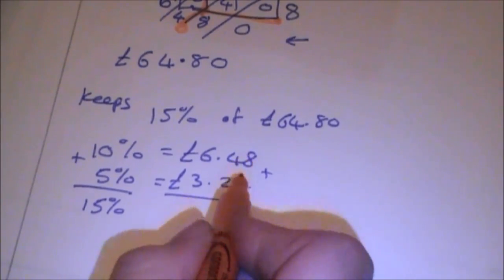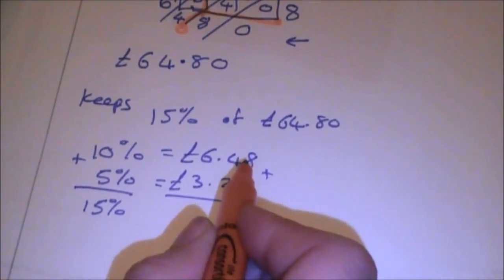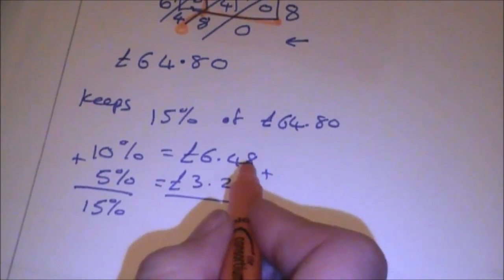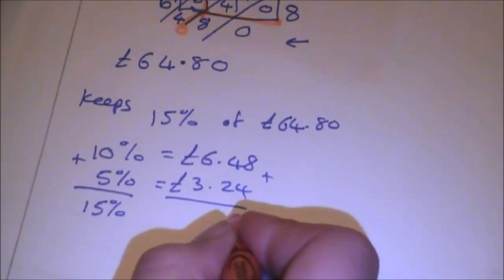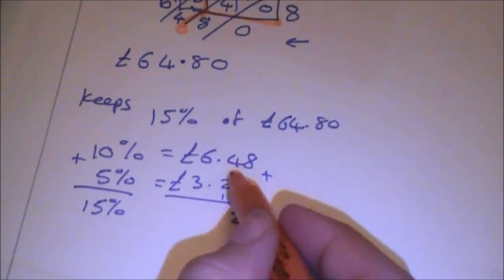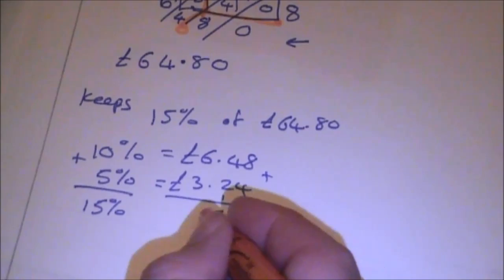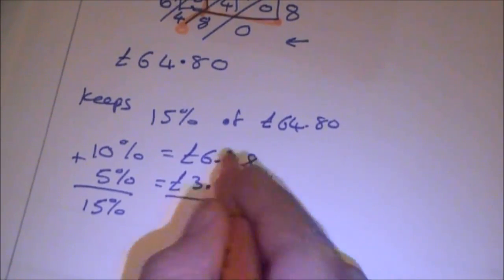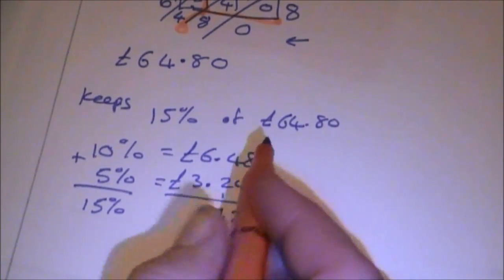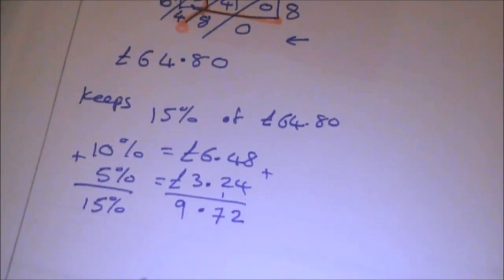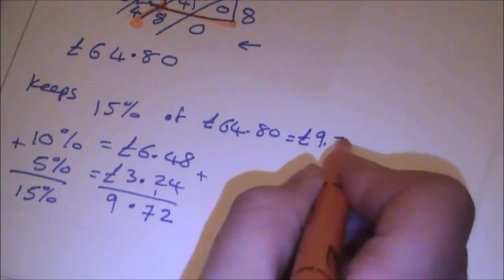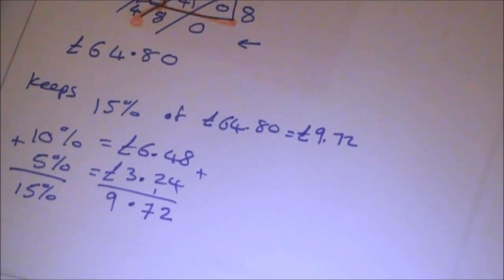And then over here, I've got 8 plus 4, which is 12, carry the 1. There I've got 4 plus 2, which is 6, and my 1, which is 7. My decimal point needs to stay underneath my decimal points. And here I've got 6 and 3, which is 9. So 15% equals £9.72. So that's what she keeps.